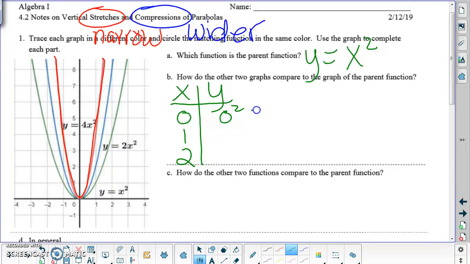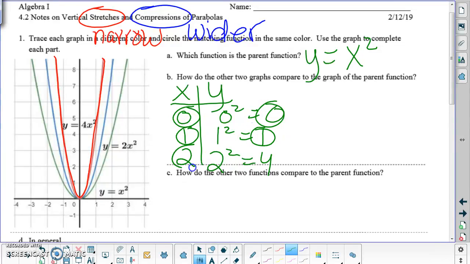So 0 squared is 0, 1 squared is 1, and 2 squared is 4. So the points (0, 0), (1, 1), and (2, 4) happen to be on the green graph. So my green graph is y equals x squared. So circle y equals x squared in the same color that you're going to trace the graph that goes with it.